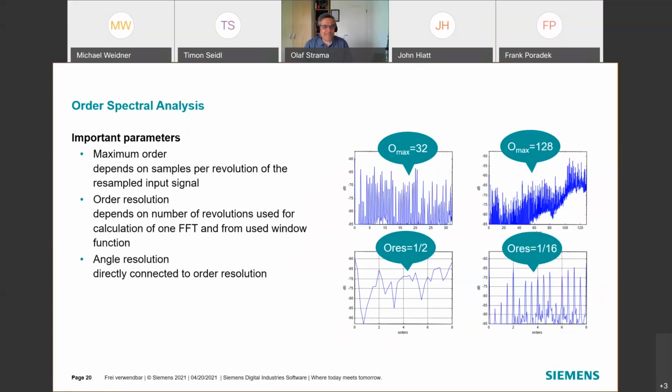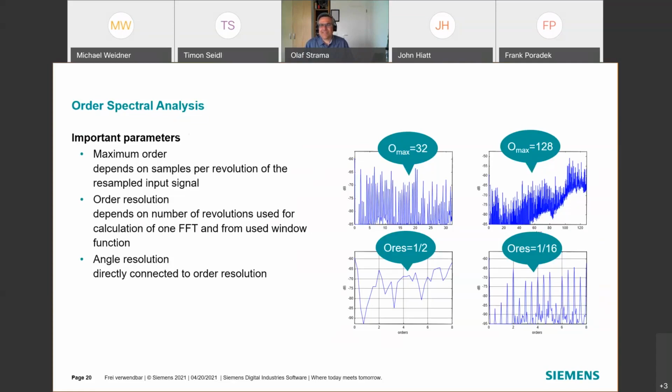Then, of course, we have to take the revolution speed into account to set up the sample rate of our fixed frequency AD converter to a sample rate that is higher than the maximum sample rate that we have in order domain.